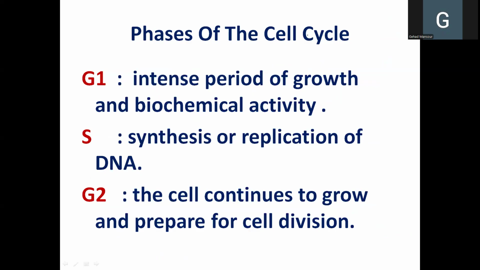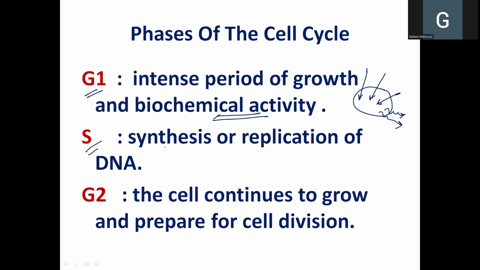So let's recapitulate the phases of the cell cycle. We have G1, or a period of intense growth and biochemical activity. And of course, this intense growth requires the uptake of material from the surrounding environment, and at the same time, it requires getting rid of waste products of metabolism. So it's a period of intense biochemical activity.